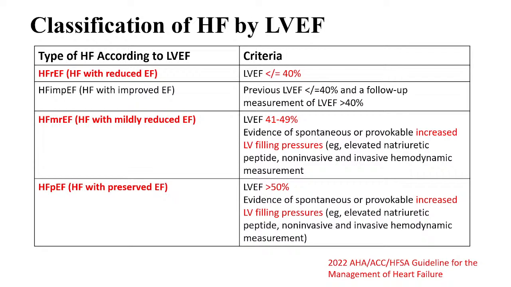The last one would be heart failure with preserved ejection fraction. That is, ejection fraction will be more than 50 percent, but the left ventricular filling pressure would be increased.